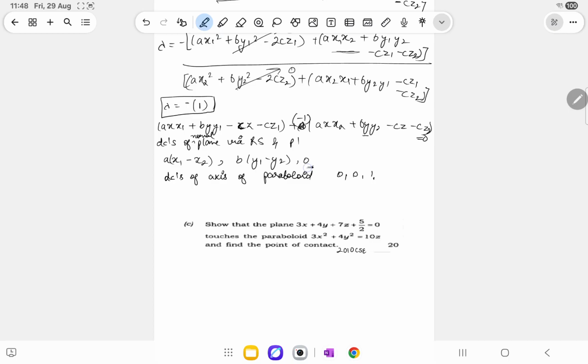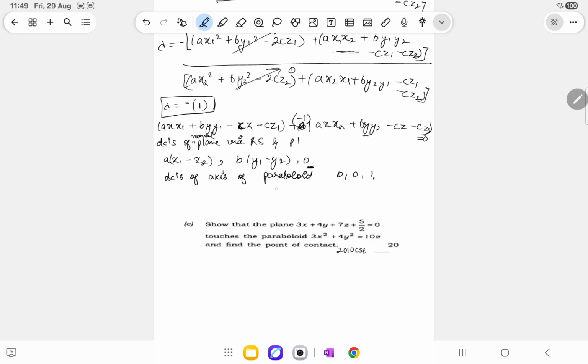If the plane passing via line RS and the middle point of PQ is parallel to the axis of the paraboloid, then the normal to this plane must be perpendicular to the axis of the paraboloid. So we'll try to verify that.